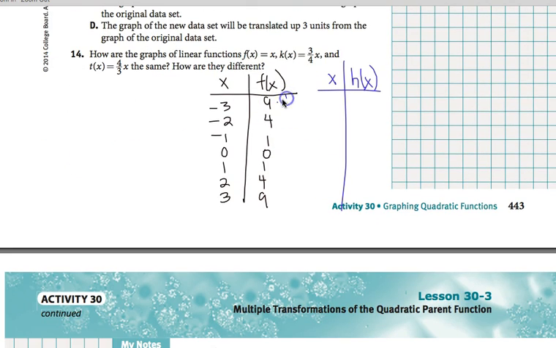So 9 times 1/4 is 9 over 4, which is 2 1/4. 4 times 1/4 is 1. 1 times 1/4 is just 1/4. 0 times 1/4 is 0. And then our values are going to repeat. 1 times 1/4, still 1/4. 4 times 1/4 is 1. 9 times 1/4 is 2 1/4 again.